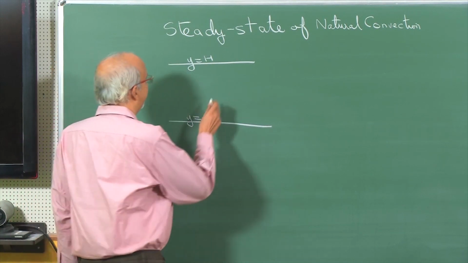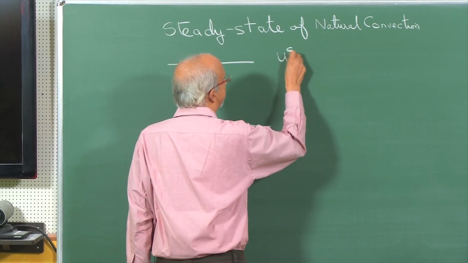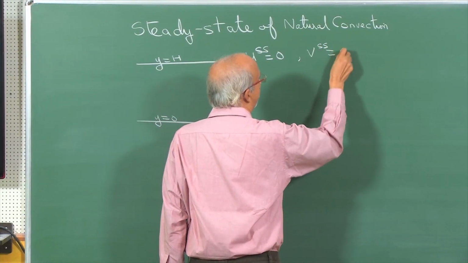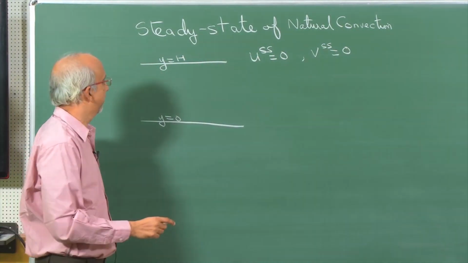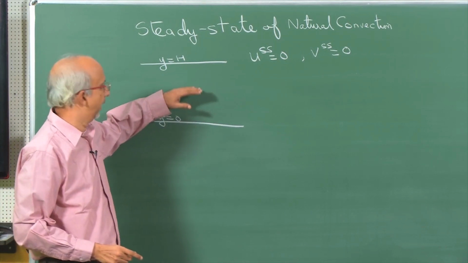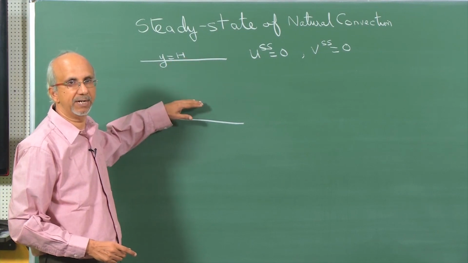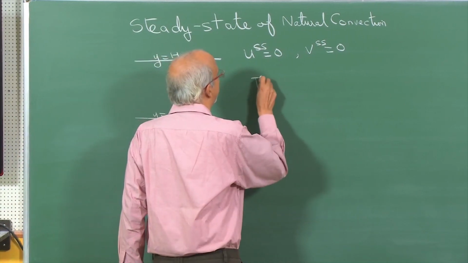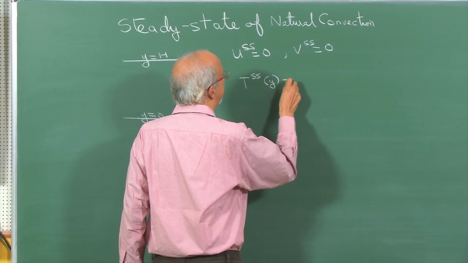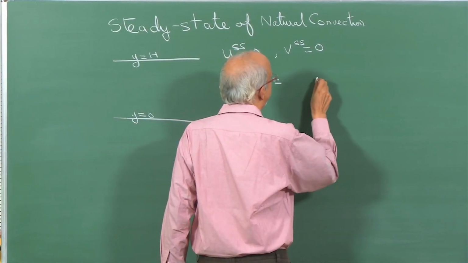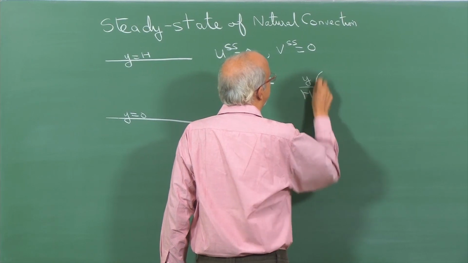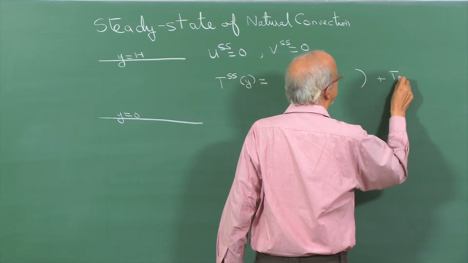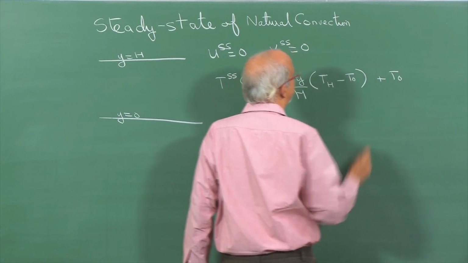So, the steady state was characterized by USS, the x component of velocity, being 0, VSS, the y component of velocity, being 0, and since the liquids were not moving, the mechanism of heat transfer from the lower plate to the top plate was only because of conduction, and that gave you a linear profile for temperature, which is T0 plus y divided by h times (Th minus T0).